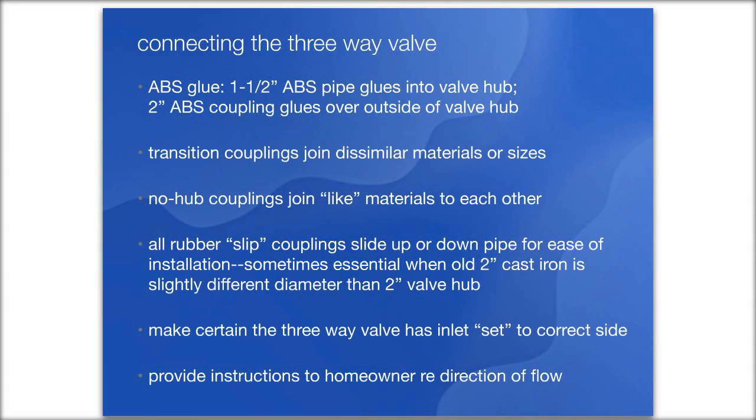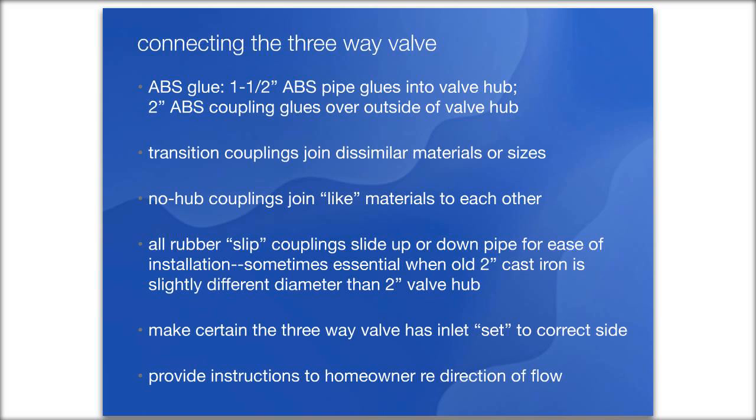So if you don't want to glue it, you can use a no-hub coupling, which is designed technically for no-hub pipe, but since you're going plastic to plastic, you're not really making a transition, so you can also use no-hub couplings there. In situations where it's very tight and you can't roll back the rubber on a no-hub coupling, you could use a rubber slip coupling that will slide all the way back on the pipe because it doesn't have a stop in the middle.